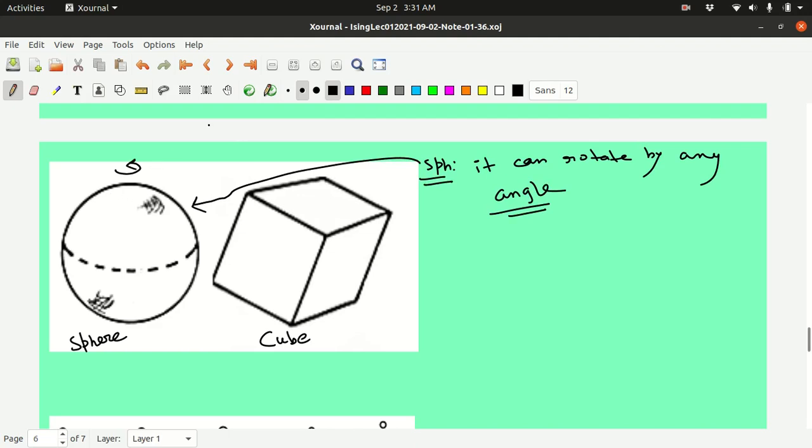You cannot differentiate between the two configurations if you rotate it by any angle. But in the case of the cube, you can rotate by some specific angles, like 90 degrees, 180 degrees. So for the cube, some specific rotations, not all.